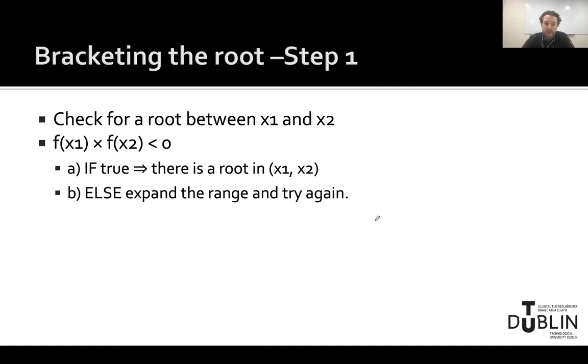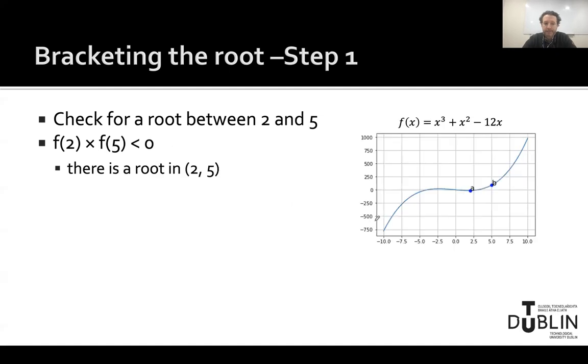F of 2 times the f of 5 is less than 0 because minus times plus. If there's two minuses, that would mean that both are below the line. Two pluses are both above the line. You have to have one above and one below. So here we have it. F of 2 times f of 5 is less than 0.